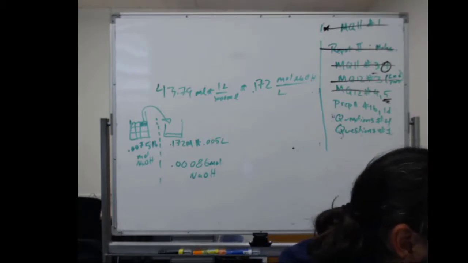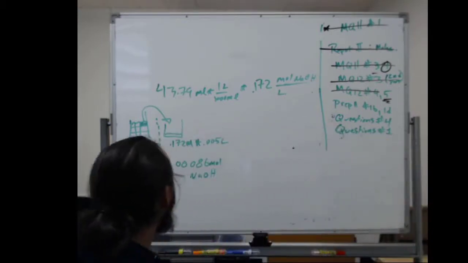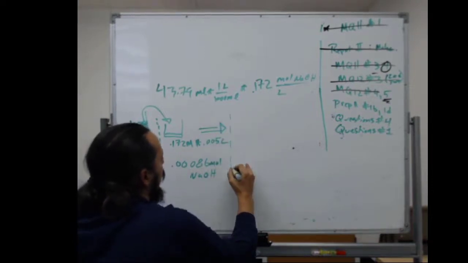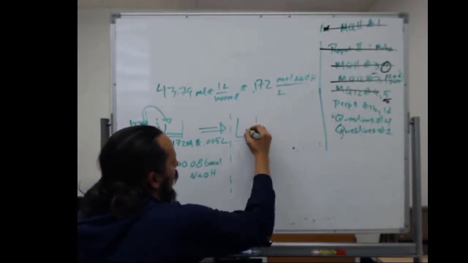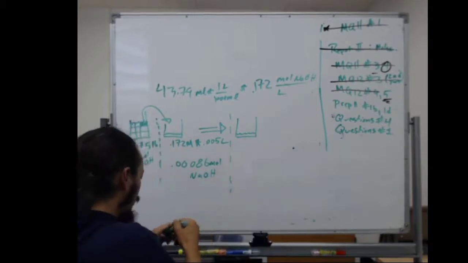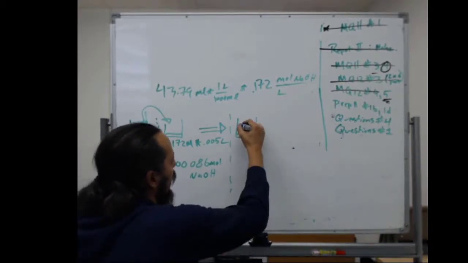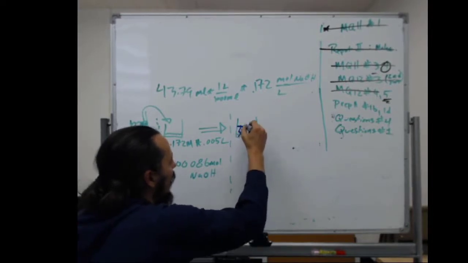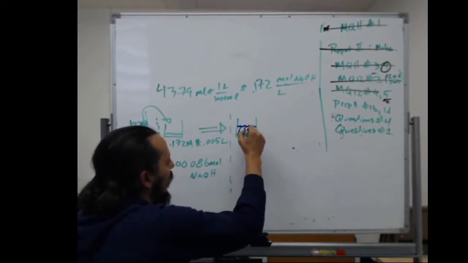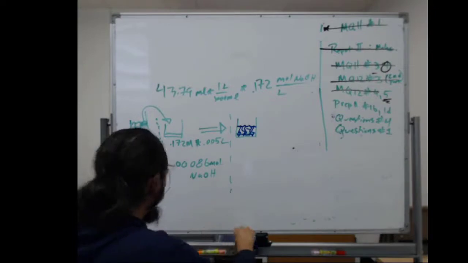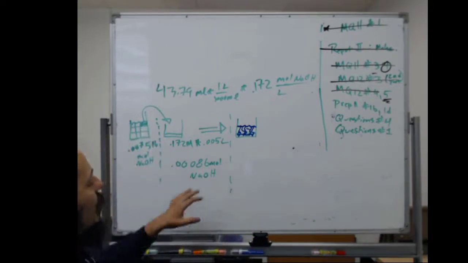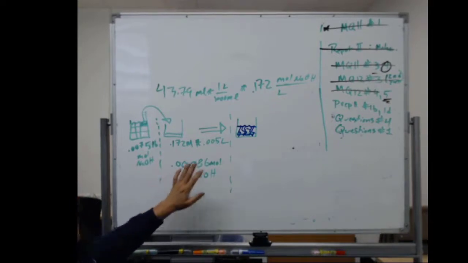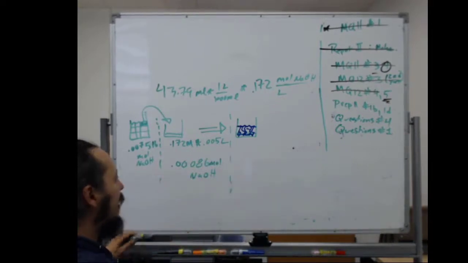Then we go on to part C, and we say, okay, we're going to take this same thing and to that original amount, I'm going to add a bunch of water. Now that water is going to cause this thing to dilute. In adding water, I haven't taken any sodium hydroxide out, and I haven't added any in.